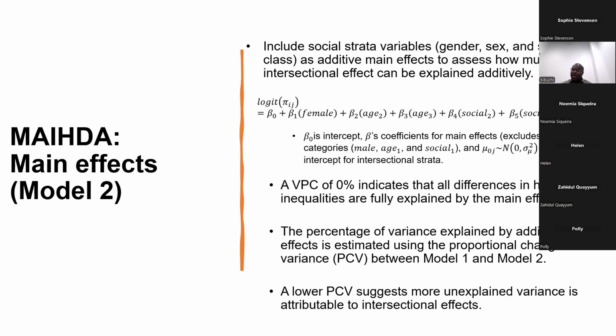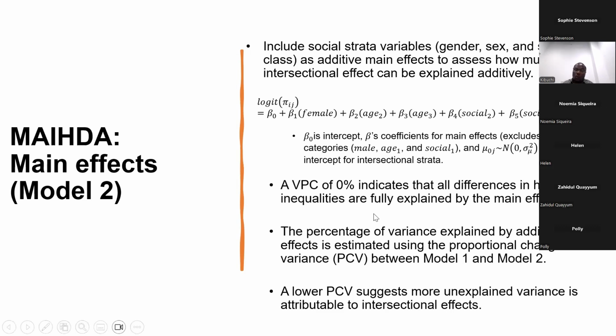And whichever remains, you can then attribute to intersectional strata. You can now confidently say that social positions, based on the factors I'm considering, they are actually creating inequalities, even after controlling for the main effect.